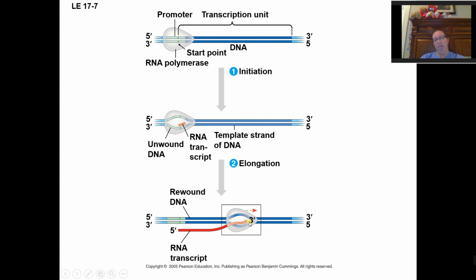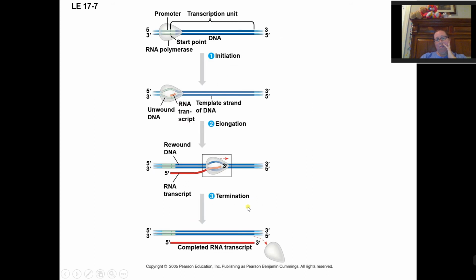And the elongation is spitting things out. What it's trying to show you, albeit not as great in this picture, is that things are added to the 3' end. You started out, and you can see by looking at it that this bottom one is the template strand, okay?